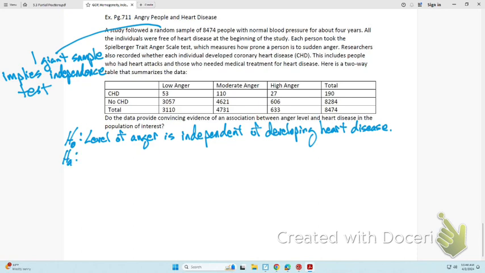Or many times you see they are associated. They didn't pick an alpha for us, so let alpha equal 0.05. I already pointed at the important thing, one random sample.